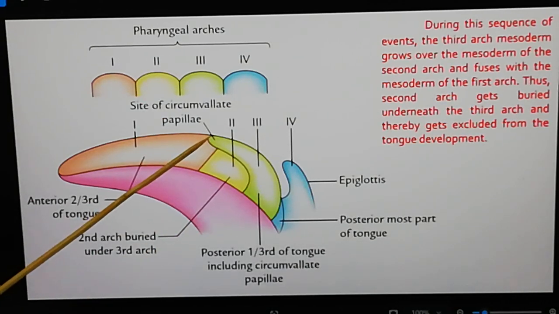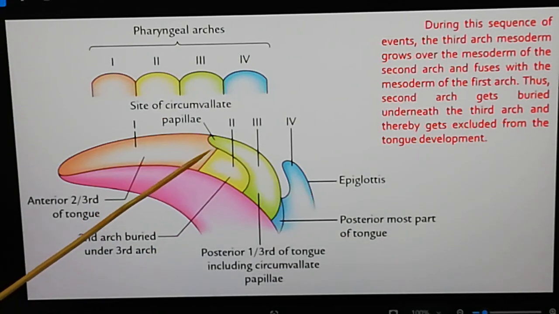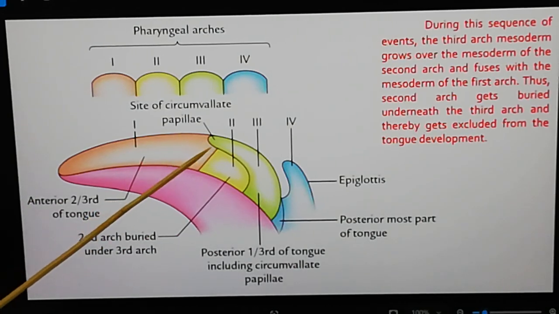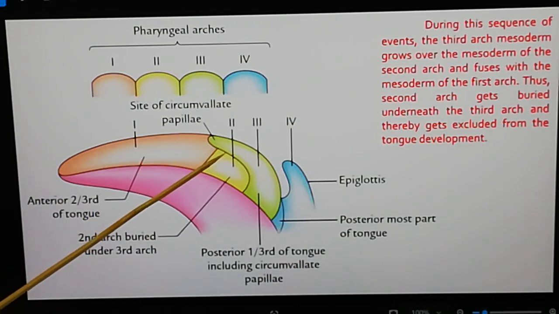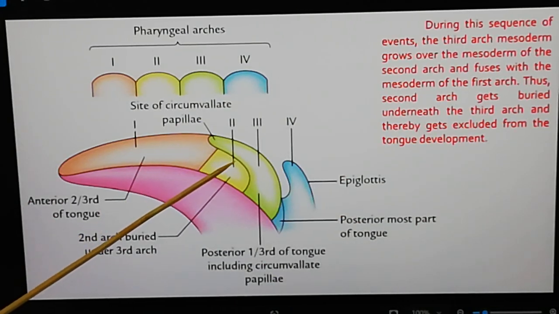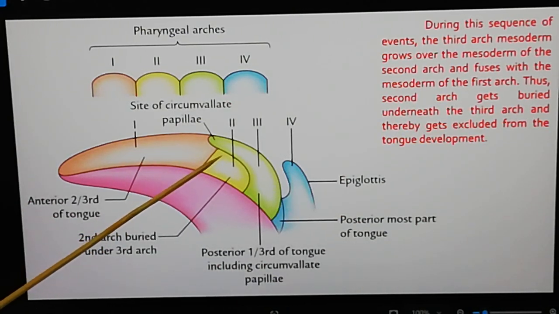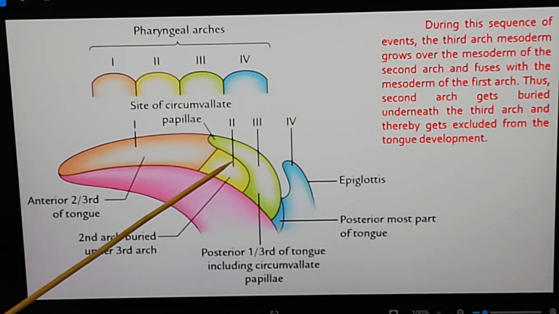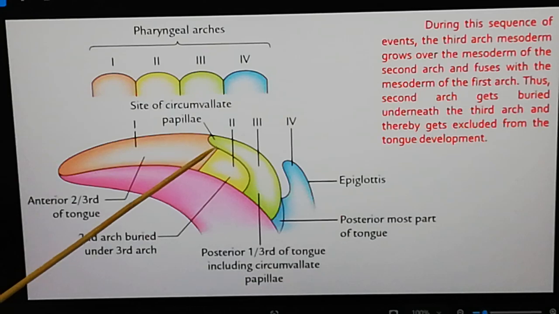So this area shows the placement of circumvallate papillae, taste buds, and they get their innervation via the glossopharyngeal nerve, because they are just near the posterior one-third, along the V-shaped sulcus, right?